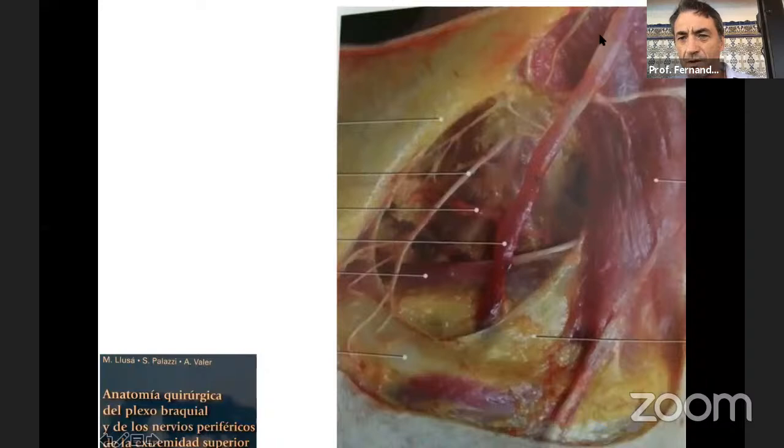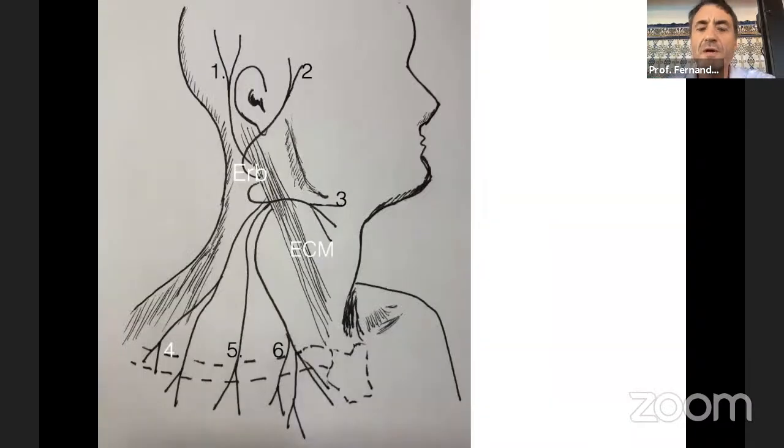This is the external jugular vein, and these are the supraclavicular branches of the superficial cervical plexus.